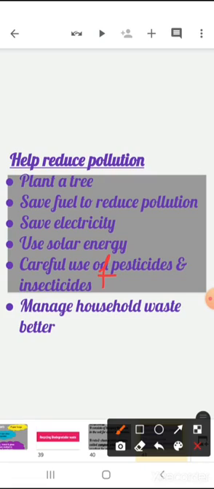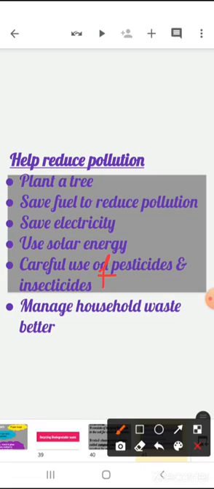This creates pollution in rivers, pollution in water. So excessive use of fertilizers or pesticides or insecticides creates what? This creates pollution.